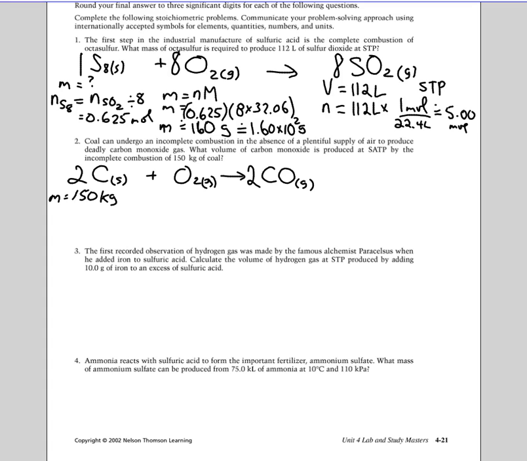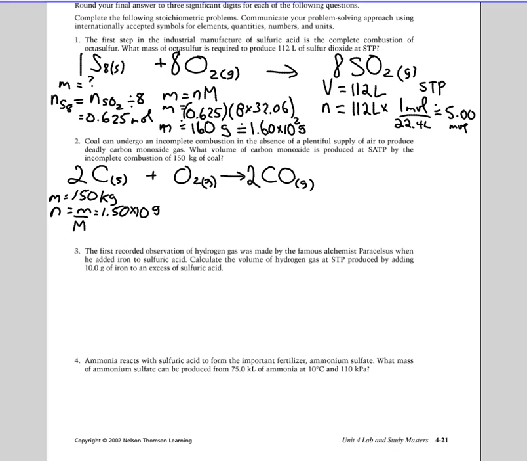So now that we have that, we can look at the number of moles of coal which are being reacted. In this case, this would be mass divided by molar mass, and I'll take this as 1.50 times 10 to the 6 grams. Actually, correction, that would be 10 to the 5, because there are 1,000 grams in a kilogram, and I have 150 kilograms, so I have 150,000 grams.